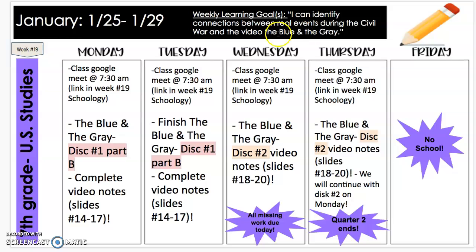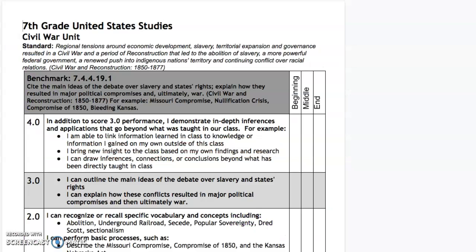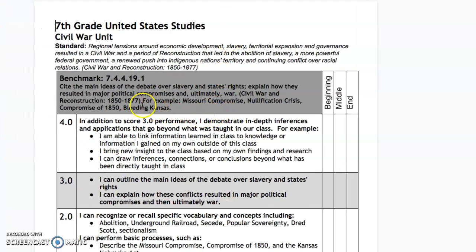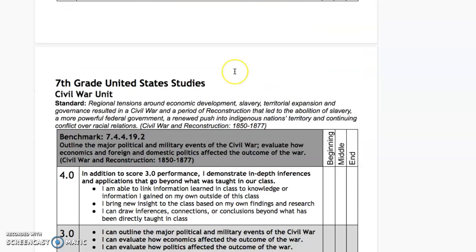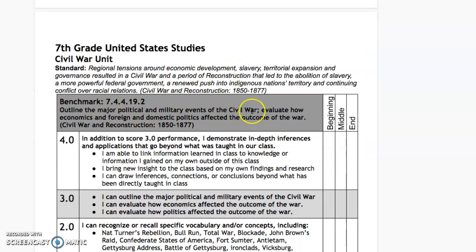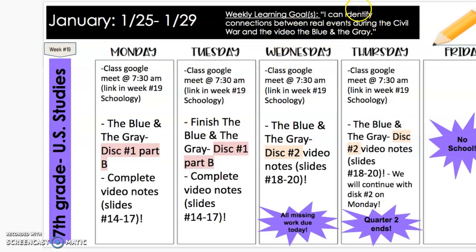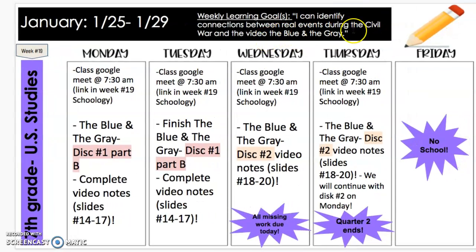And then this is how I share the learning goal with them. They do not do well at all when I give them this format. So this is more for me, but I just pull out the main ideas, like the political and military events of the Civil War, and I put them into student-friendly terminology like this. So I can identify connections between real events during the Civil War and the miniseries.